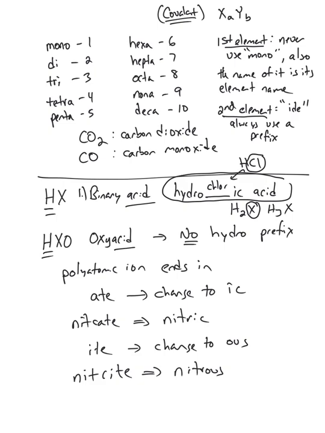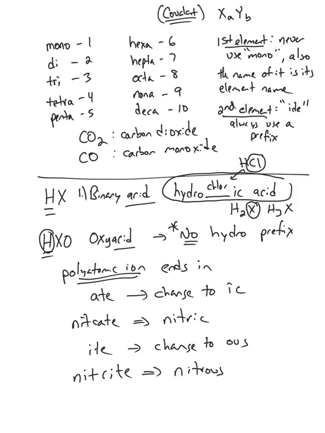Oxyacids begin with H, but now contain a polyatomic ion, XO. First of all, we never, ever, ever use hydro with an oxyacid. So if it begins with H and contains an O somewhere in the formula, we are not going to use the word hydro. Simply put, whatever the name of the polyatomic ion is, we change the ending of it and add acid.